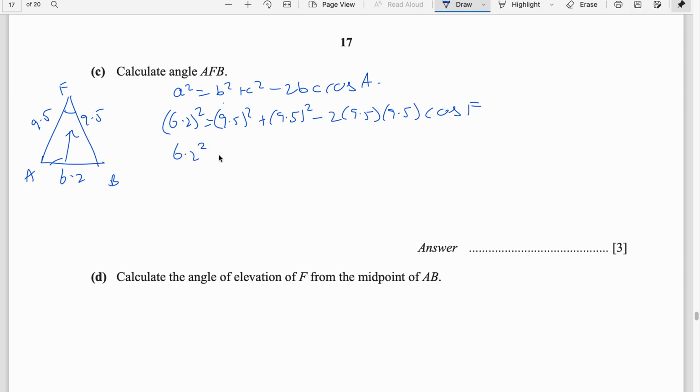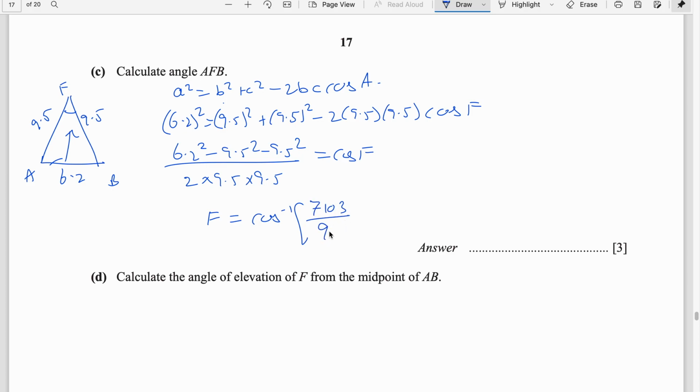So 6.2 square minus 9.5 square minus 9.5 square divided by 2 into 9.5 into 9.5 is equal to cos of F. So F is equal to cos inverse of the result of this, which is 7103 by 9025. You get 38.09, which is approximately equal to 38.1 up to 1 decimal place.